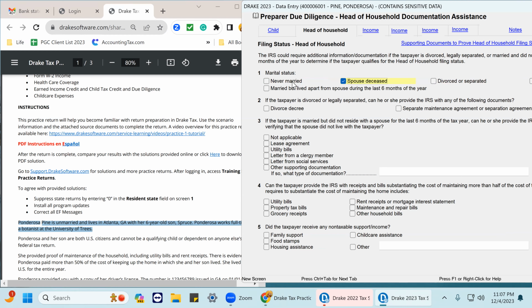For your client who is divorced, do they show you the divorce decree for every year or only the year following the divorce agreement? When you file a tax return and they tell you they're divorced, you will check divorced. They do not need to show you, we're not auditing them.